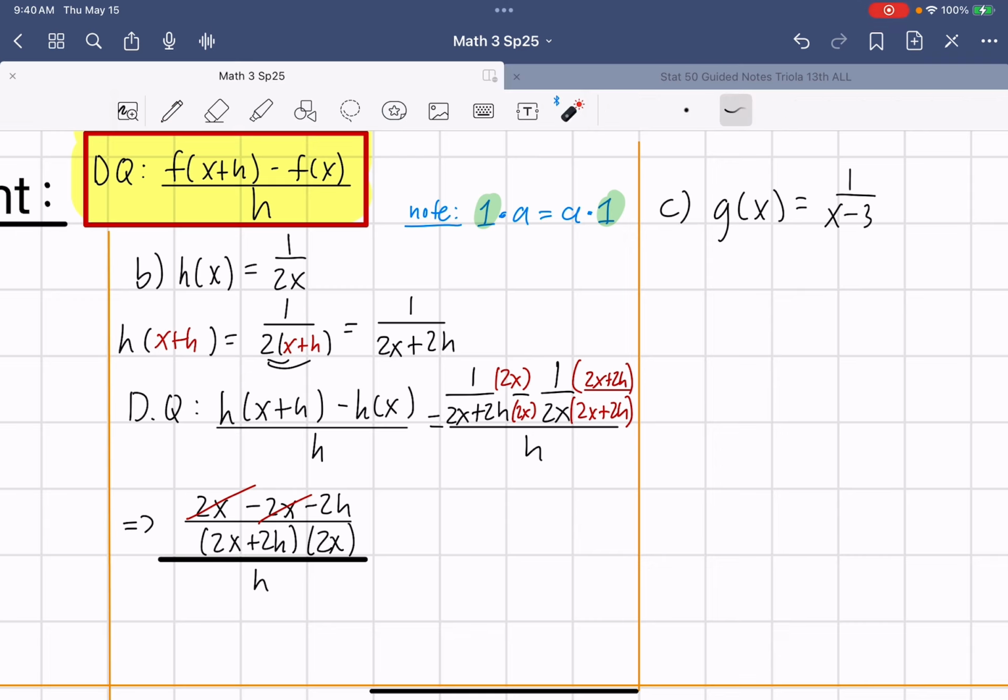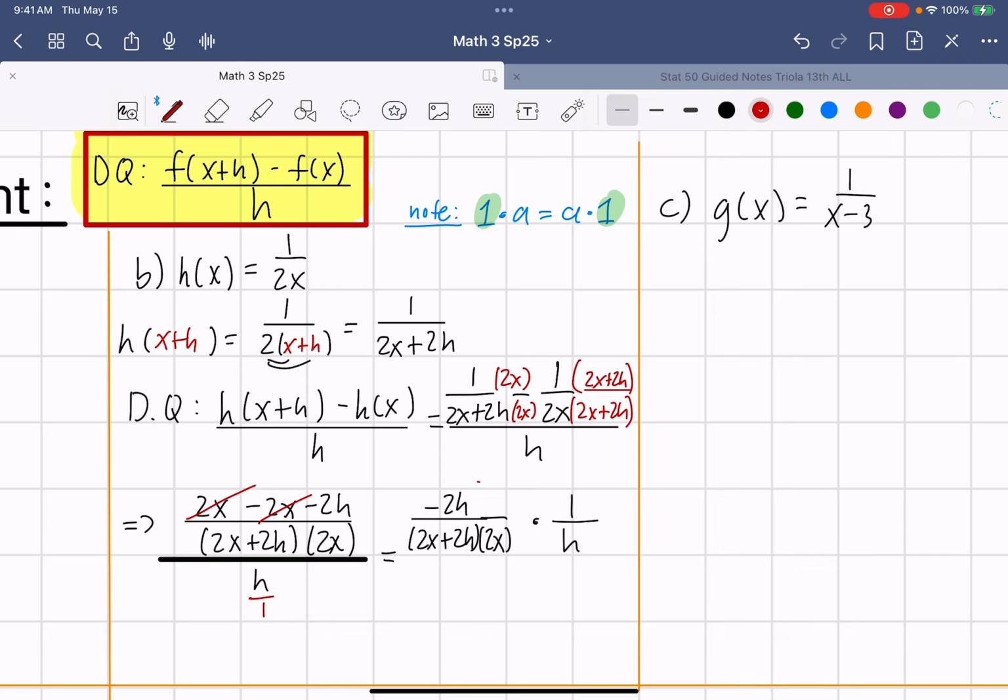And when you divide with fractions, you have to remember that you have to multiply by the reciprocal of the denominator. Right now, we might not see the reciprocal, but remember, this is like saying h over 1. So this is going to become just negative 2h all over 2x plus 2h times 2x is all the denominator, times 1 over h.